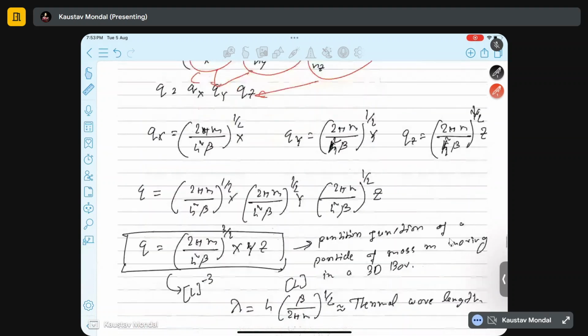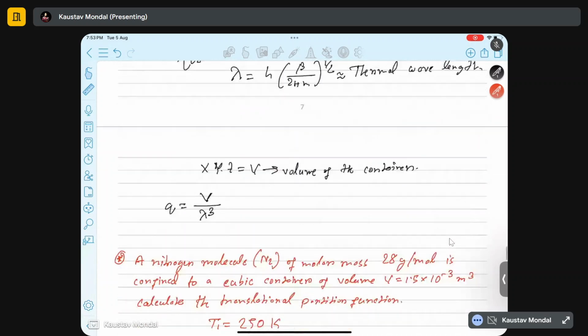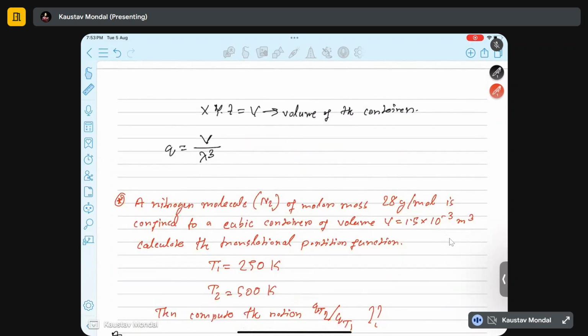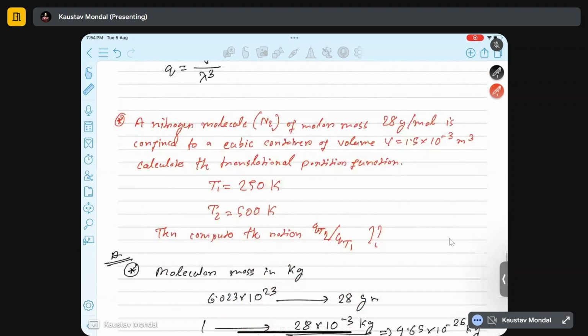For that, we have used the concept of quantum mechanics, because here the molecules are considered as a quantum system. If a quantum particle is moving in a potential box, we know its energy, right? So from there we have derived the partition function.